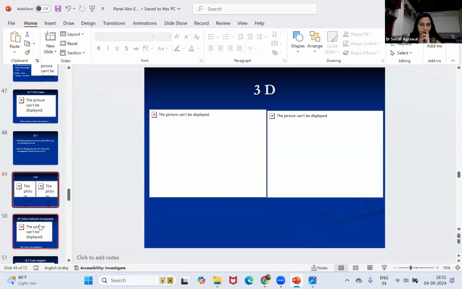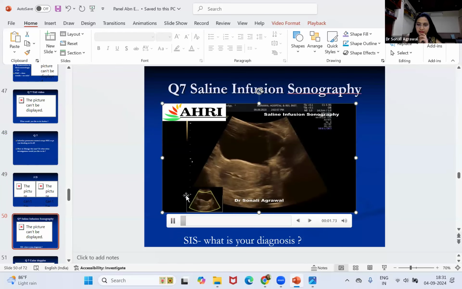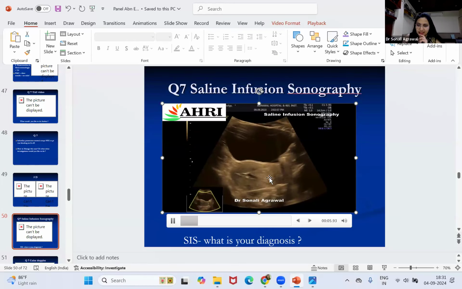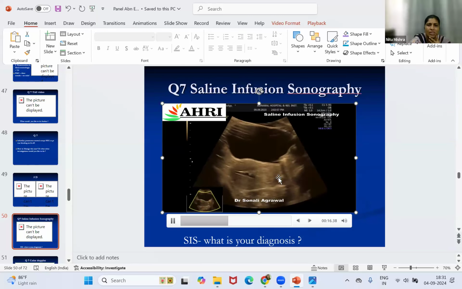Yes. We can go for SIS in this patient because we should rule out if there is any polyp, since she has a history of infertility. This was TAS, transabdominal, and this was the mass in the lower segment. Here we are doing saline infusion sonography so that we can see the delineation of this mass.